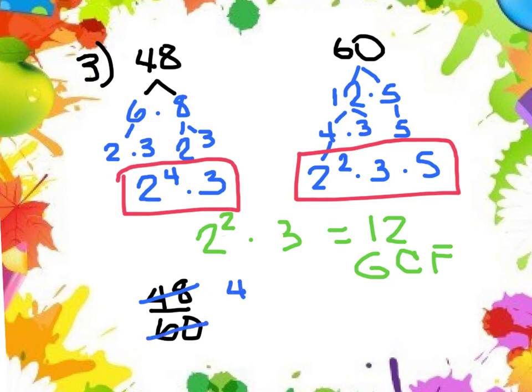And 60 into 12 gives me 5. And this will be the fraction that I am receiving as simplified. That's why the greatest common factor for 48 and 60 is the number in which these two numbers can be simplified, because that is what greatest common factor is for, to reduce fractions.